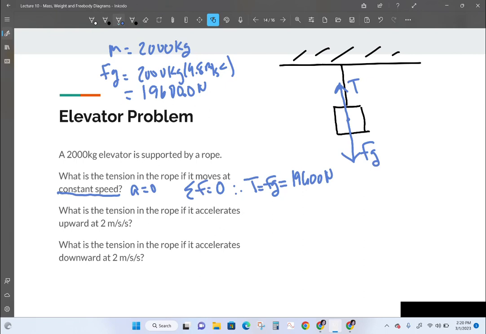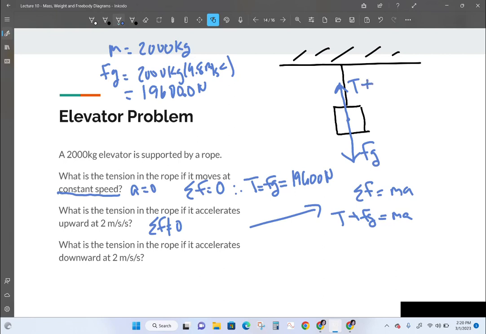The next question is, what is the tension in the rope if it accelerates upward at 2 meters per second squared? Now the sum of the forces is not equal to 0. The sum of the forces is going to cause it to accelerate. So T plus Fg is going to be equal to ma. When we add vectors, we have to assign a positive and negative direction.